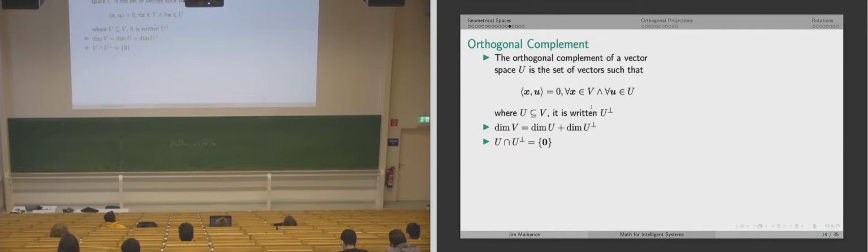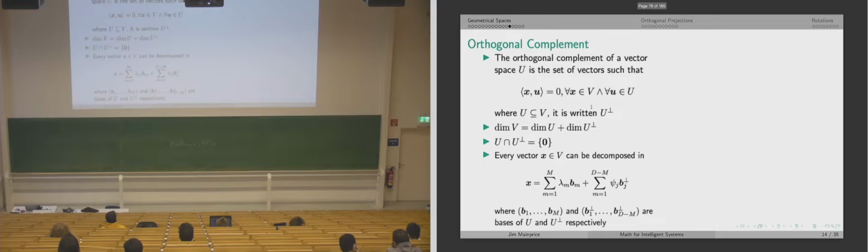So the intersection between the vectors in U and the orthogonal complement is just the neutral element. And every vector in the vector space can be decomposed between the vectors in U and the orthogonal complement.